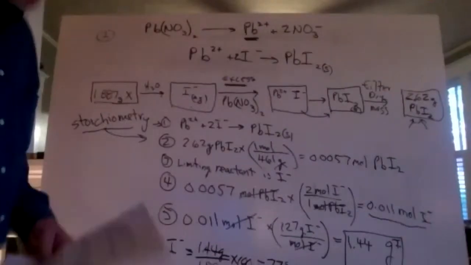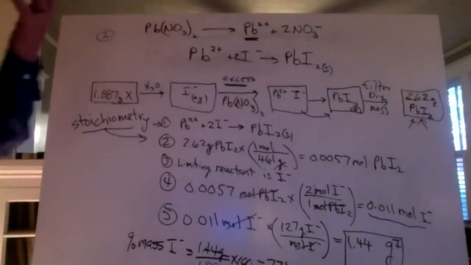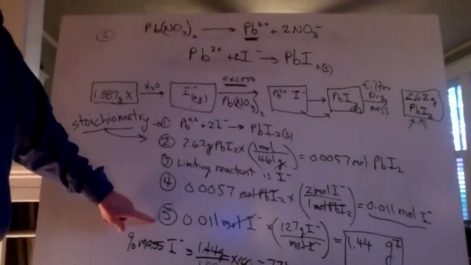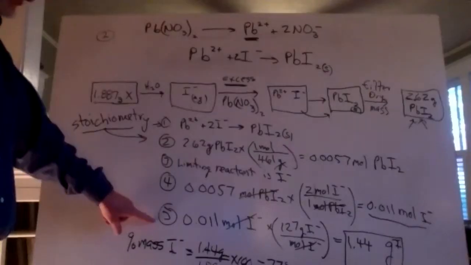Any other questions? I have another one. Good. And others who have the same question. Yeah, so at the end, in step number 5, you're just going back from moles to the mass of the iodide ion, right? That's exactly right.